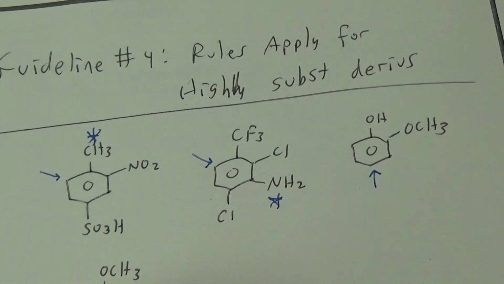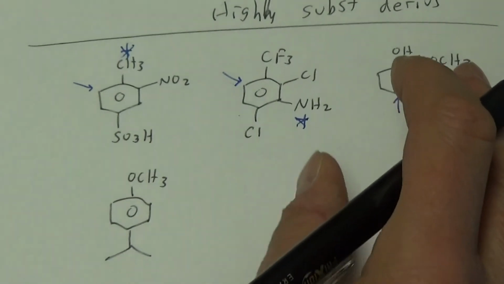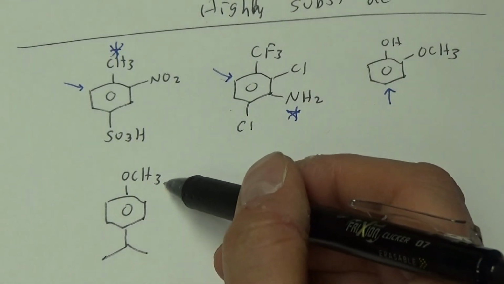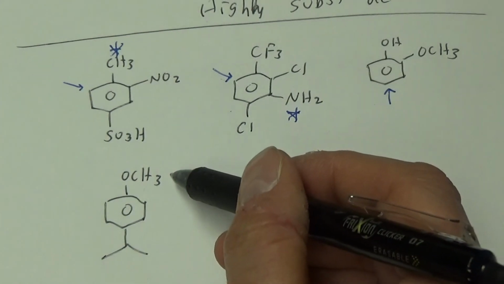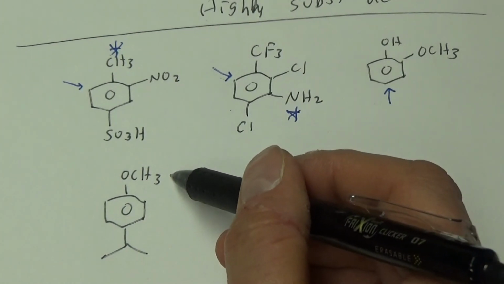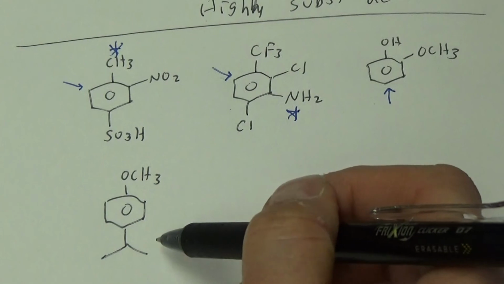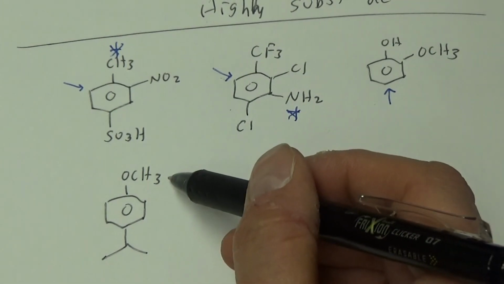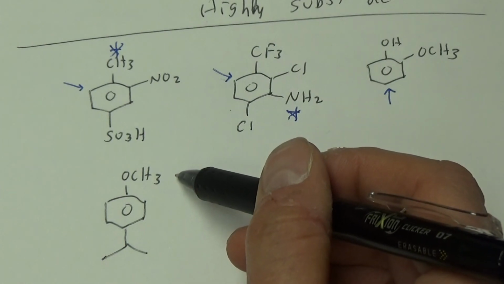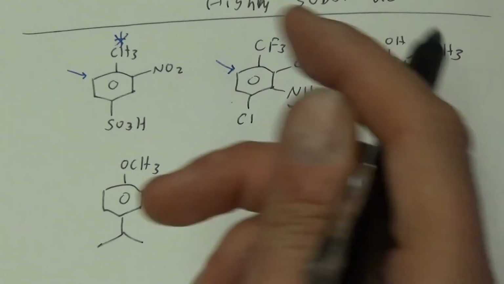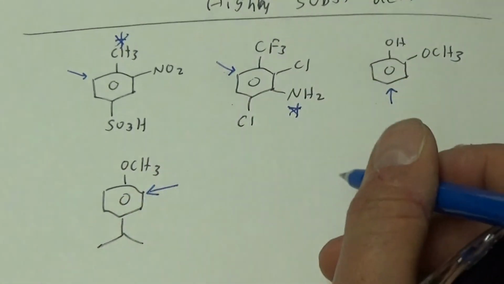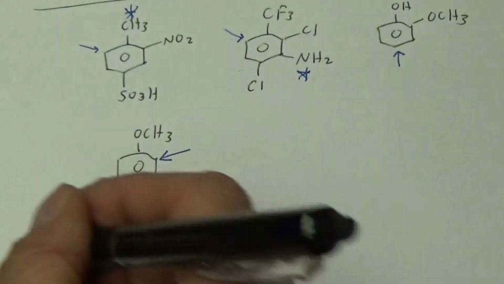OCH3 versus isopropyl. Look at your chart. This is the 2nd group, right? The ethers are in the 2nd group. Alkyl is in the 3rd group. So ether wins. It's an ortho-para director. So where is the thing going to go that we're attaching? Probably ortho to it because para is taken. Okay. All right. So we're done.